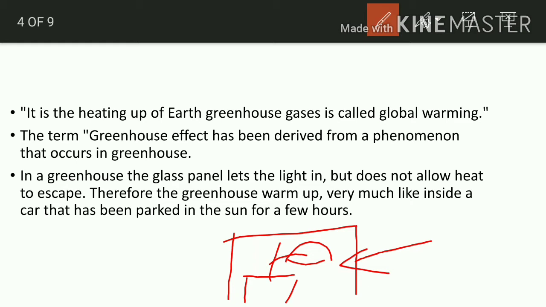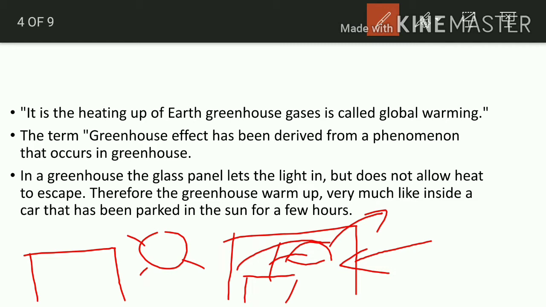Now the heat is absorbed by the plants and some of the heat escapes from the panel. In other words, take a car parked near the hot sun, with all its windows shut.